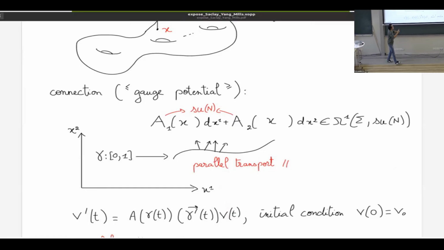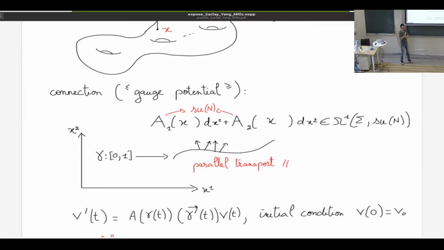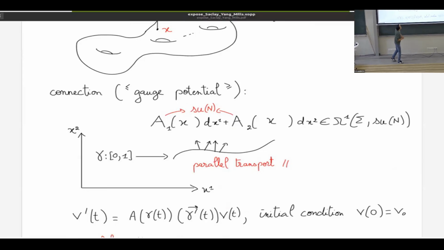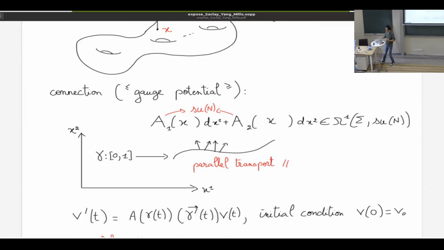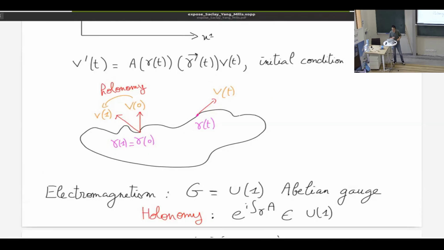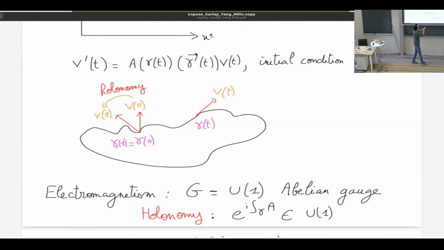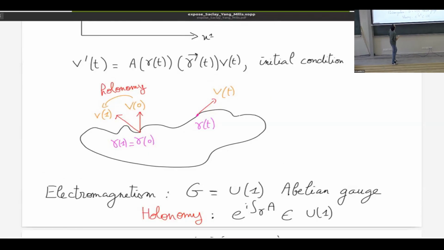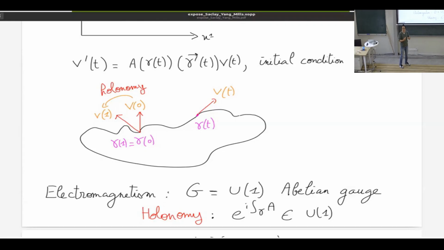The solution describes parallel transport along the curve gamma, and the rule of parallel transport is given by the connection. If your curve is closed, when you come back to the initial point, the solution of your ODE does not necessarily coincide with the initial condition. The linear map that maps V0 to V1 is what is called the holonomy of the connection.